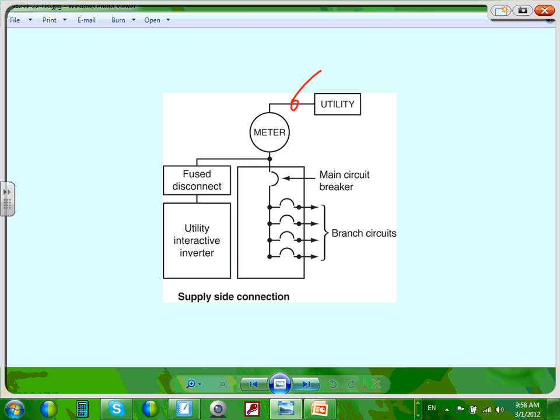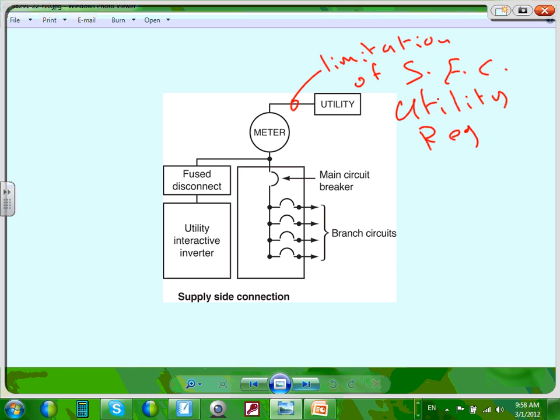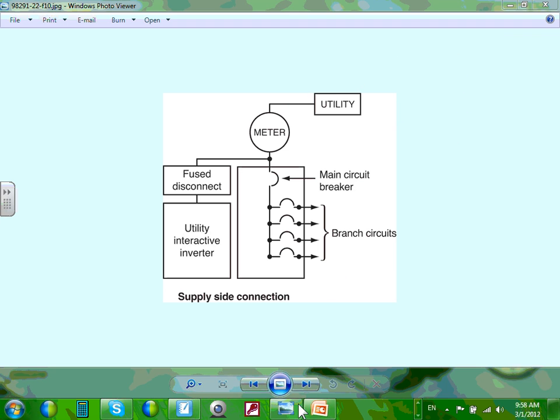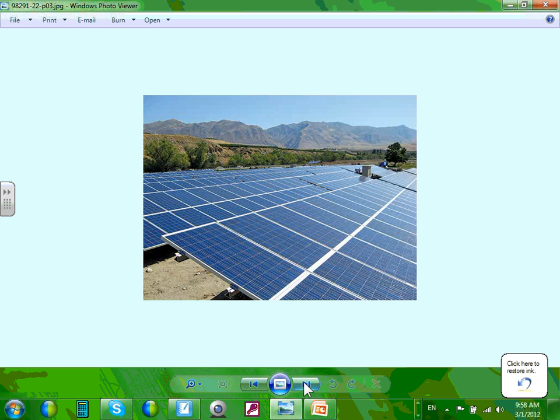This is the only limitation here: limitation of service entrance conductors and utility regulation, which they're going to be adhering to. So there's no limitation like 20% on how much you can generate and dump into this system.